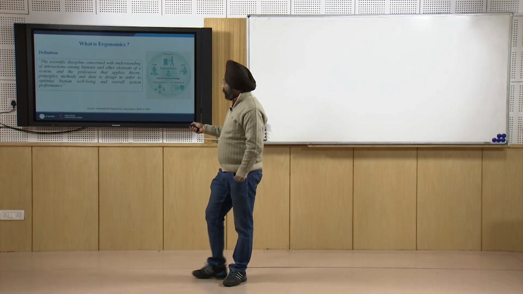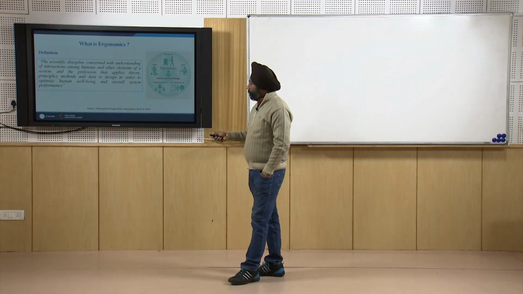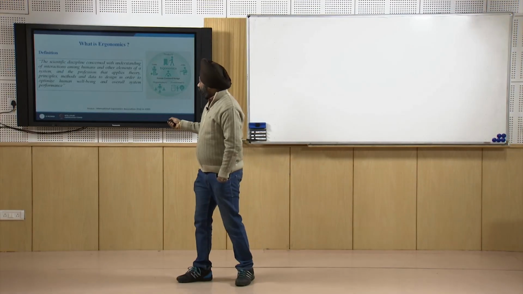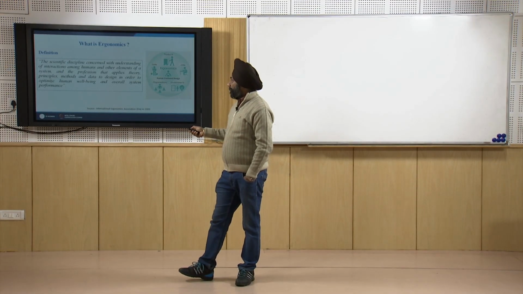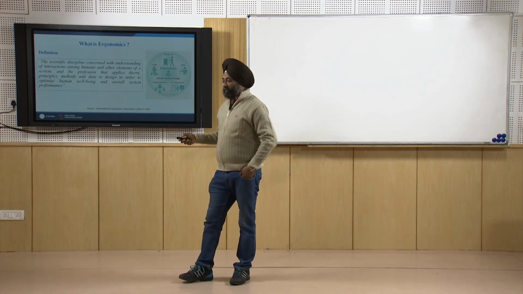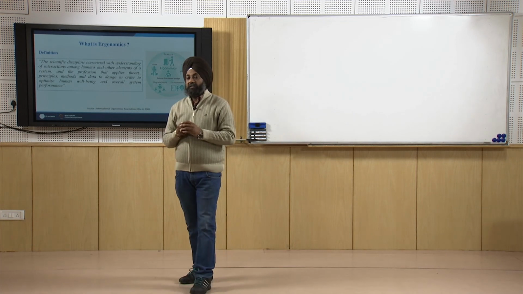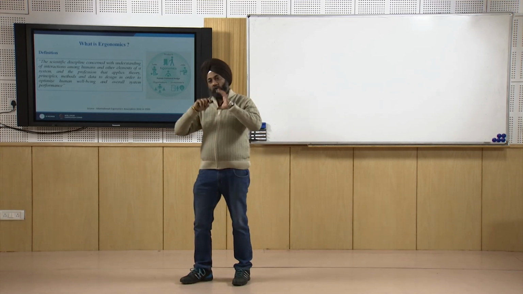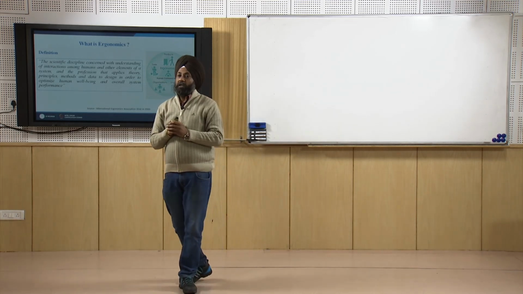And the profession that applies theory, principles, methods and data to design in order to optimize human well-being and overall system performance. So we have to use theory, principles and methods as well as data to ensure that we design this system in such a way that I also feel happy, I also feel a state of well-being, and the overall system performance also improves.